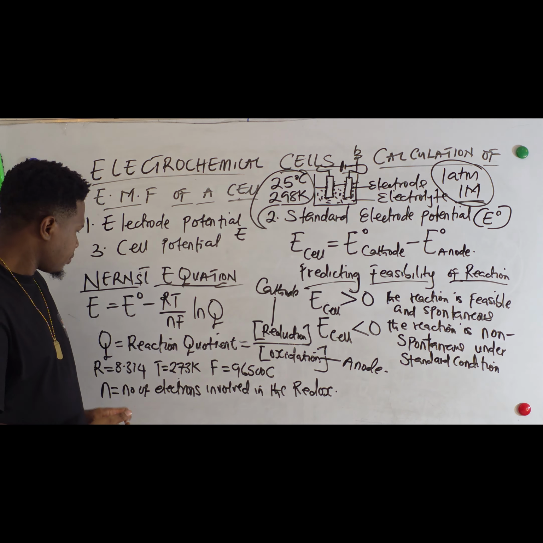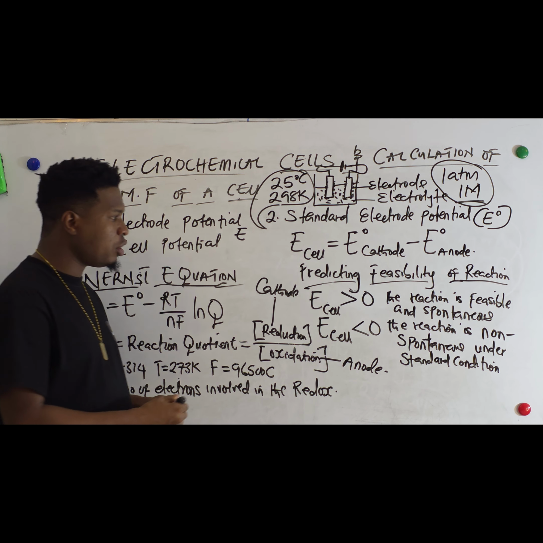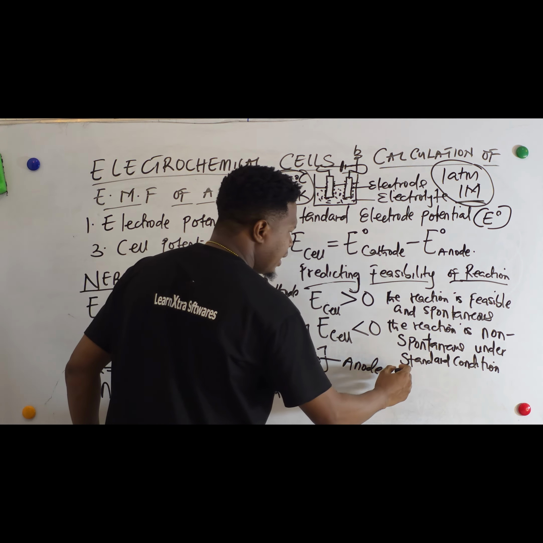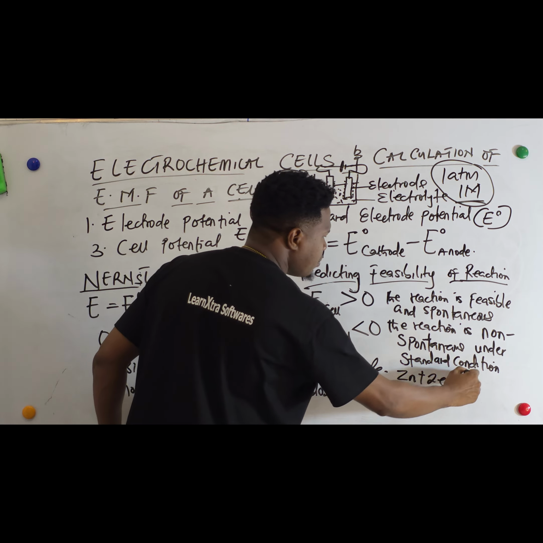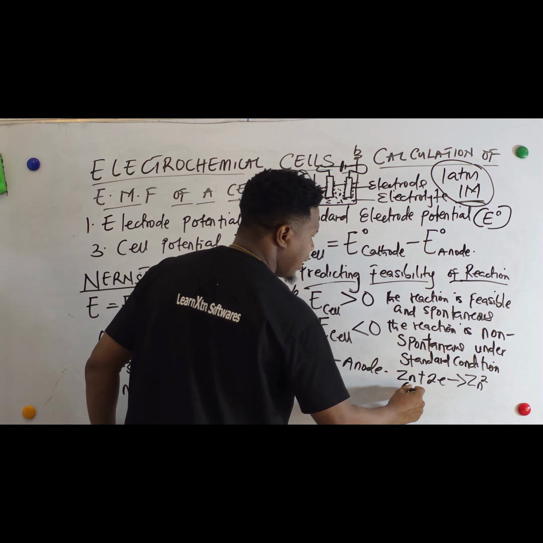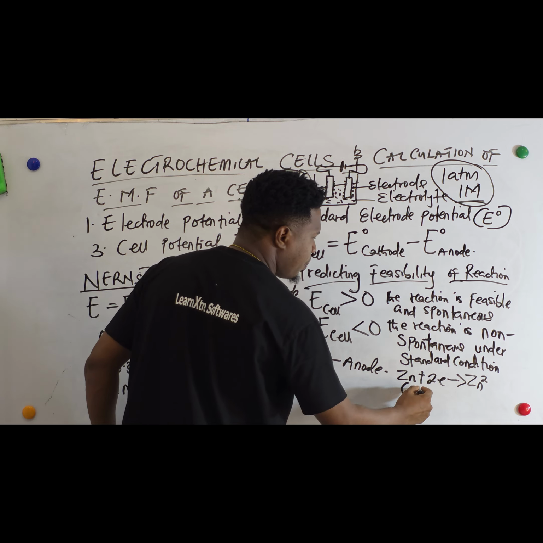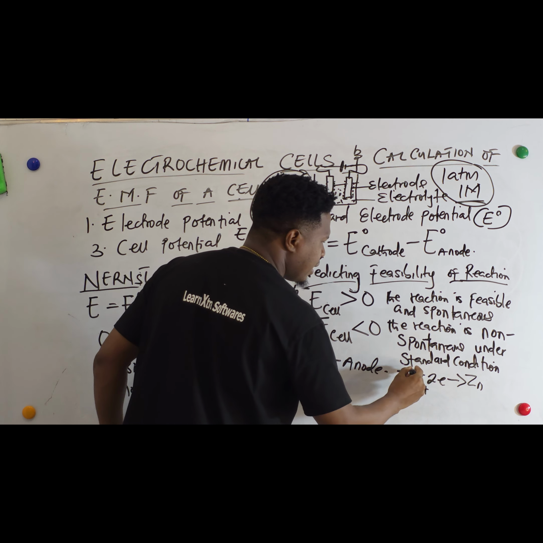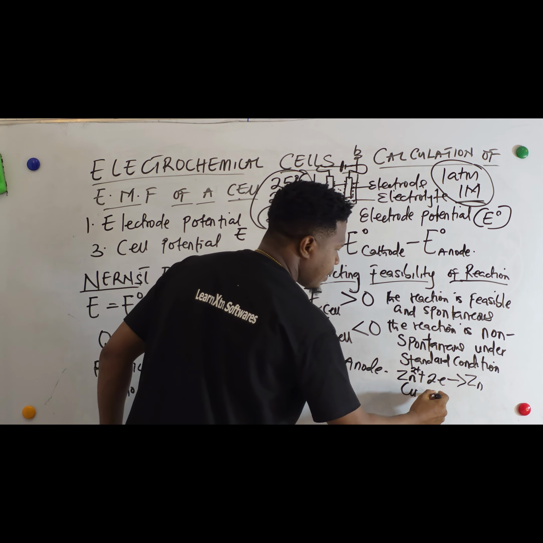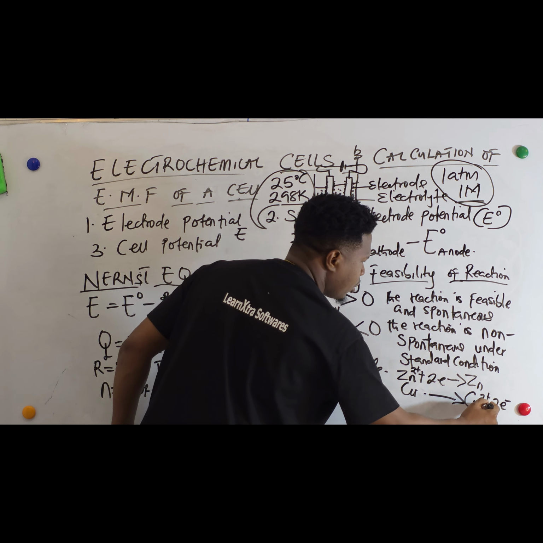So n is the number of electrons involved in the electrolysis. For example, let me show you an example. Let's say we have zinc donating 2 electrons to become zinc 2 plus ion, and then copper 2 plus ion accepted 2 electrons to become copper.